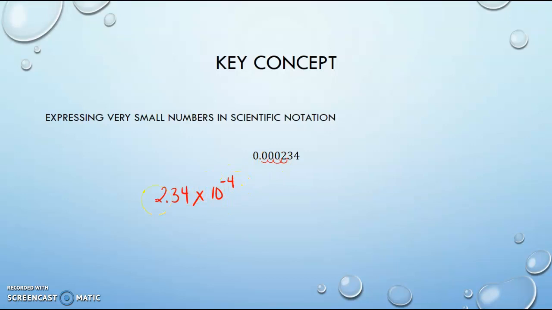And if you remember from chapter 3, negative exponents were moved to the bottom. Now here we're going to leave them where they are, but when you think about it, really what we're saying here is 2.34 times 1 over 10 to the 4th, which would be the same as taking 2.34 divided by that number.